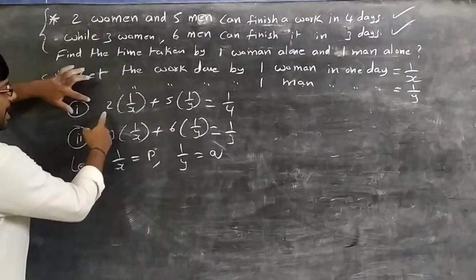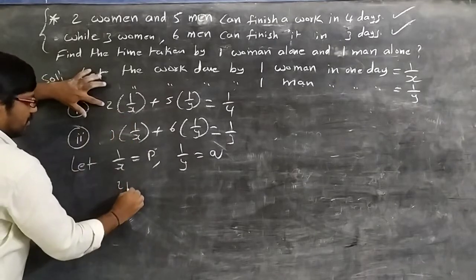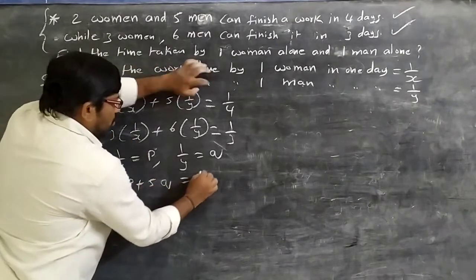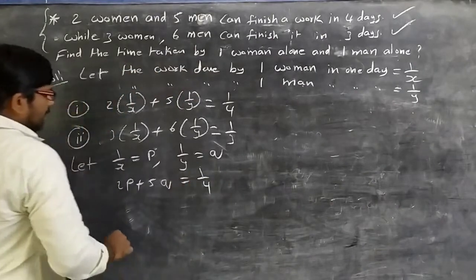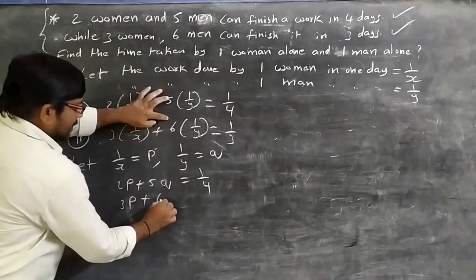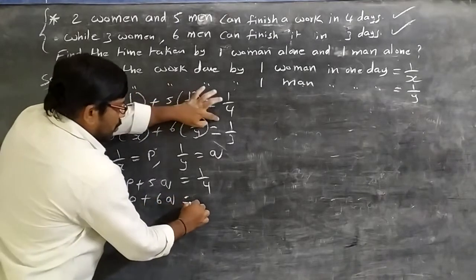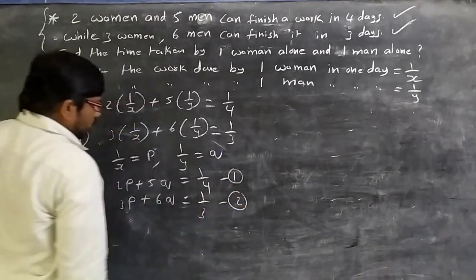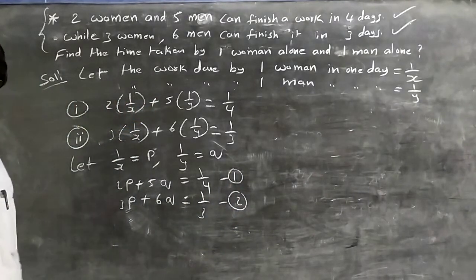Substituting this, the equations become 2p plus 5q is equal to 1 by 4, and the second equation 3p plus 6q is equal to 1 by 3. It is equation 1 and equation 2. Now solve these two equations.